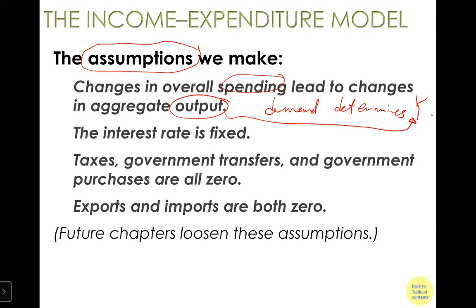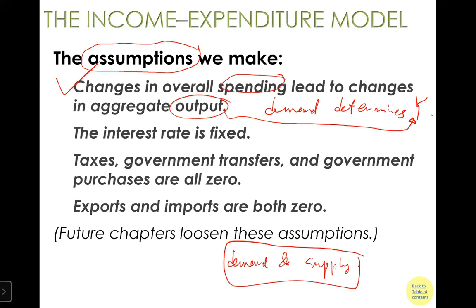What is spending? It's the demand. This is number one. By the way, in the next chapter, we will relax this assumption by looking at demand and supply together, instead of only looking at demand.